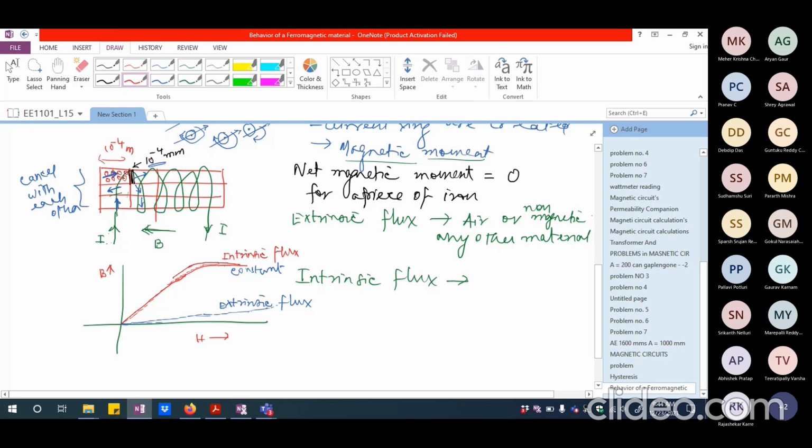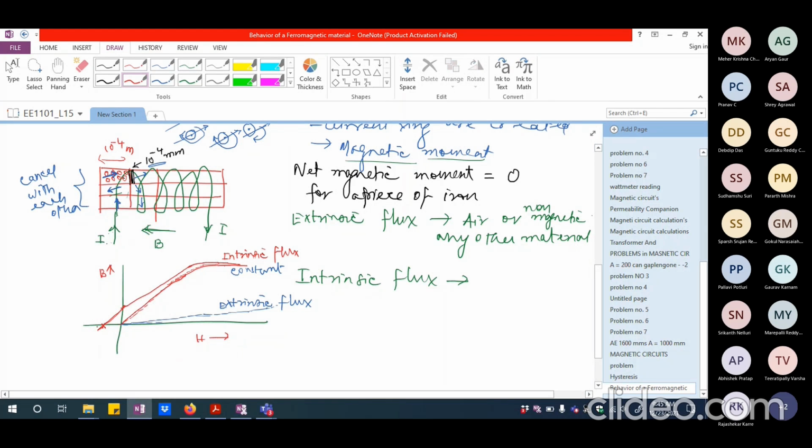But once the current becomes zero, still many of the moments are obstinate. The magnetic domains are obstinate. They are not going to change their position, or they are not going to budge from their position. But only after you apply a current in the opposite sense, and the current strength increases to a certain extent to coerce the other magnetic moments which have been obstinate to change their direction as well, only after that the flux density is going to become zero.